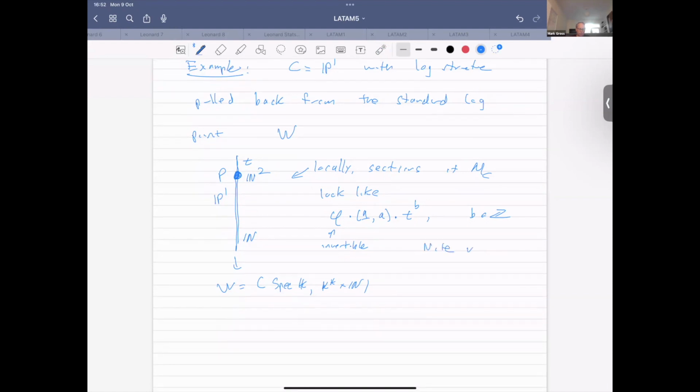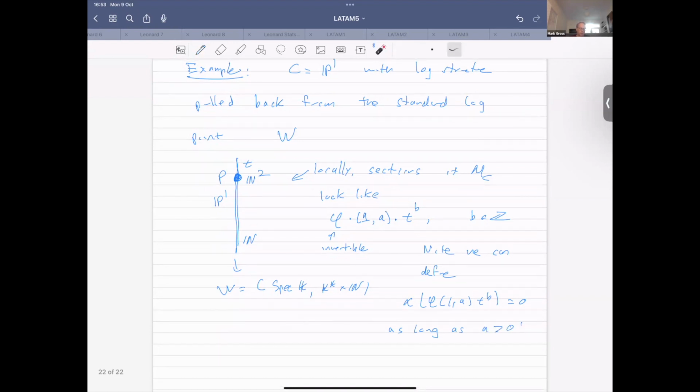note we can define alpha of phi (1, a) t^b as being 0 as long as a is greater than 0, because alpha_W of (1, a) is then equal to 0.